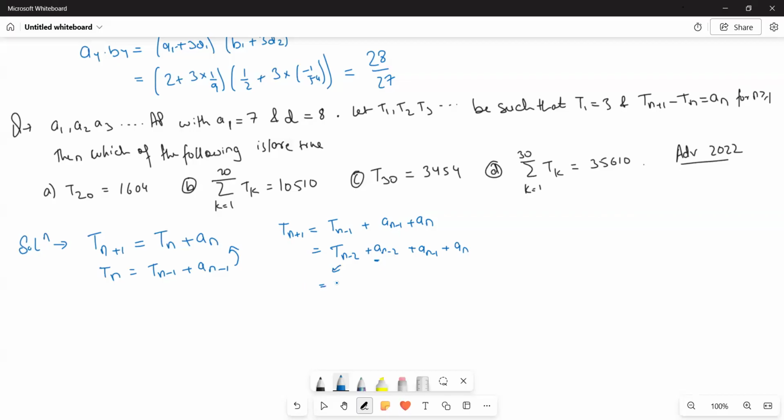So if we continue in this way, this will be like T n minus 3 plus A n minus 3 plus A n minus 2 plus A n minus 1 plus An. तो ऐसे करेंगे तो T of n plus 1 will eventually end up becoming T1 plus A1 plus A2 plus A3 going all the way up till An.